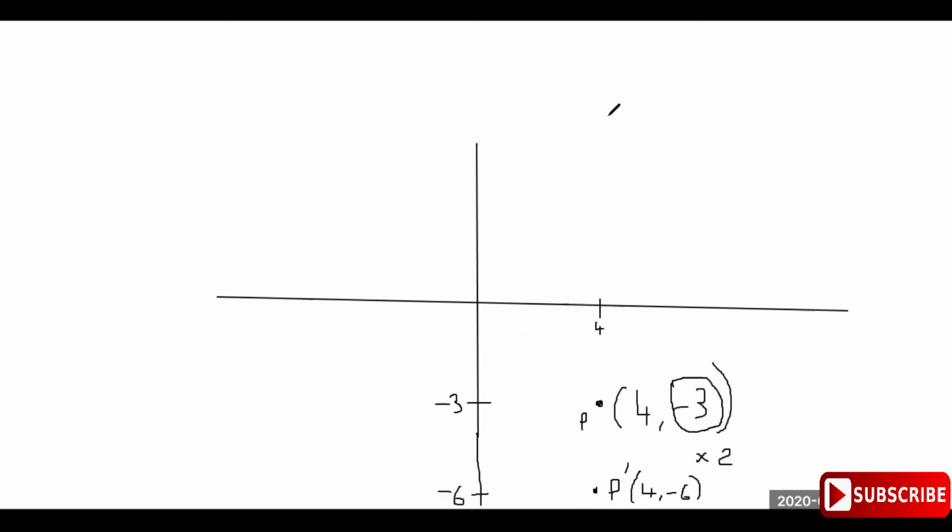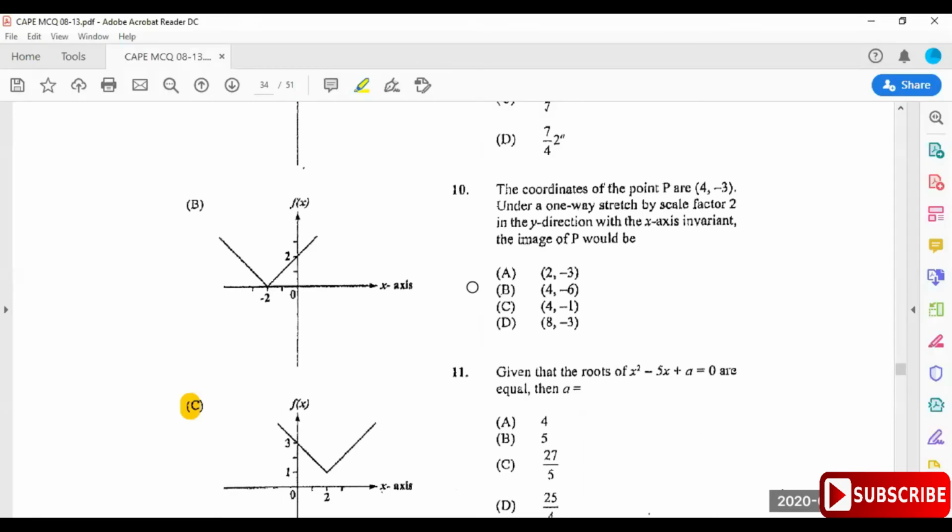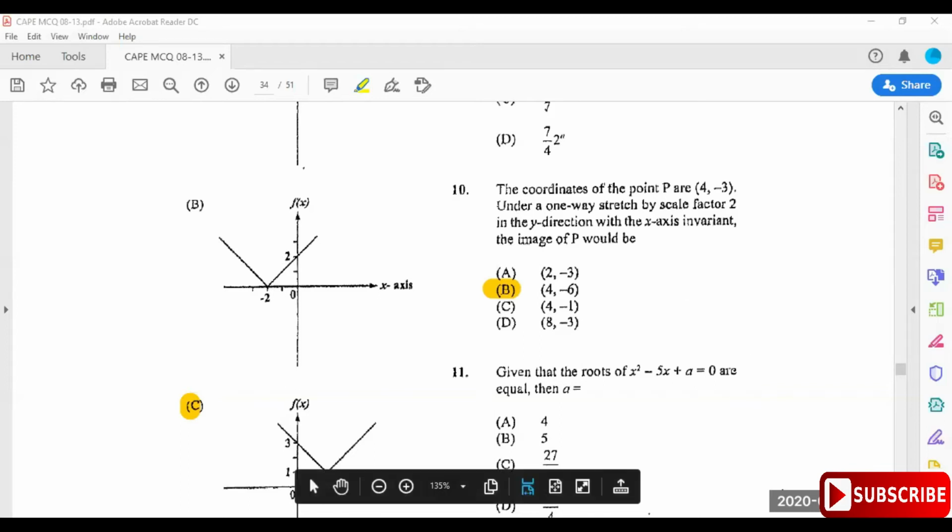All right. And so that's the image of P, 4, -6. The image of P is 4, -6 because x remains unchanged. All right? You agree? Yes, sir. All right. So that's question 10.